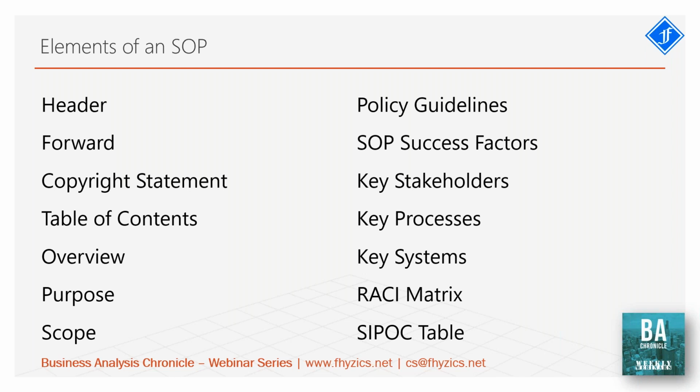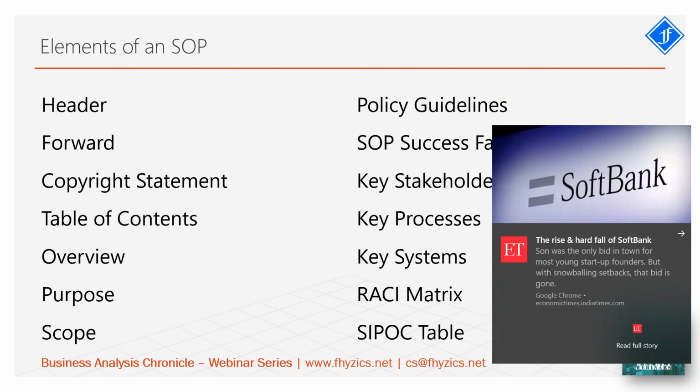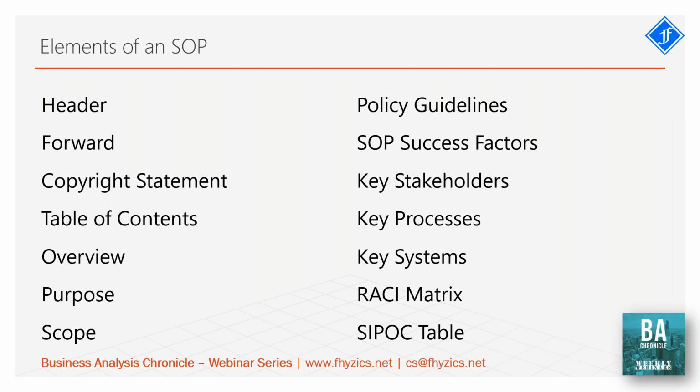Then key systems. What are all the equipments you will use? Here, key systems means what are all the softwares we are using, in relation to asset management. For example, for asset valuation you may be using software, or you may have an ERP where the assets will be listed. Then RACI matrix.